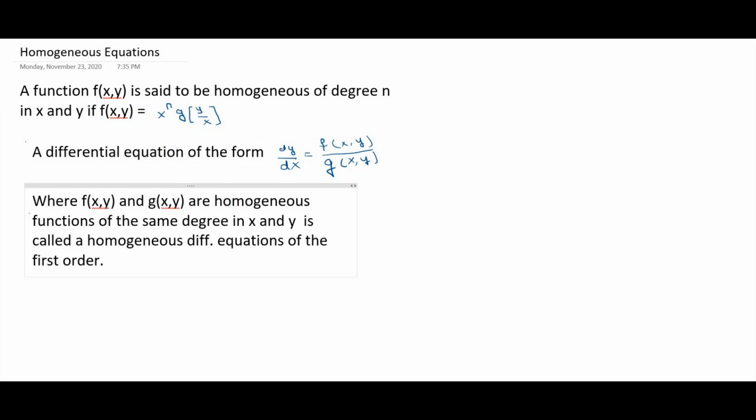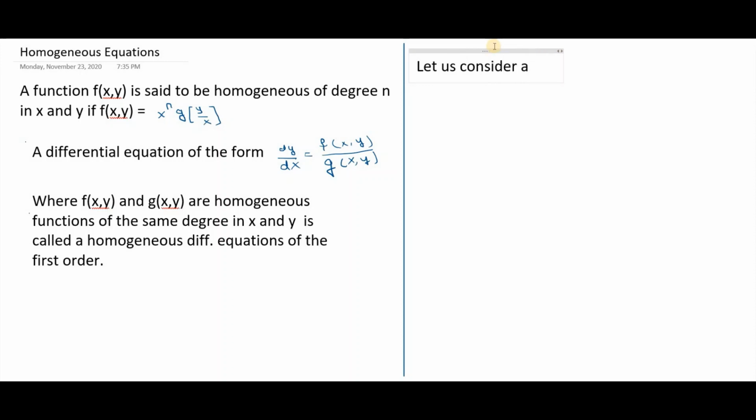Let us consider a homogeneous differential equation dy by dx is equal to f(x, y) divided by g(x, y), and say this is equation number 1.